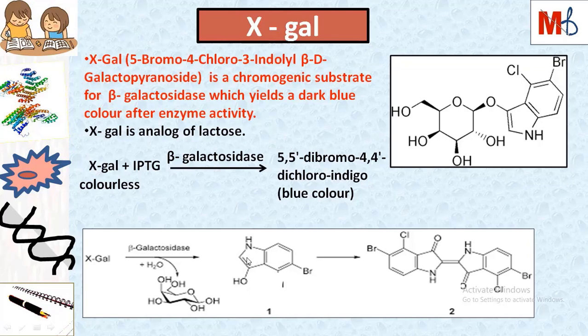And now this compound spontaneously dimerizes and oxidizes, and now it forms the blue color product, which is 5,5'-dibromo-4,4'-dichloro-indigo, which is blue. So this is the main chemical reaction which occurs here, right?